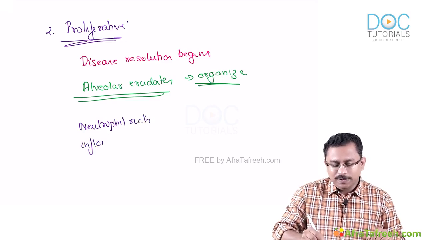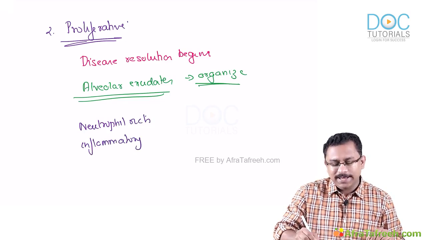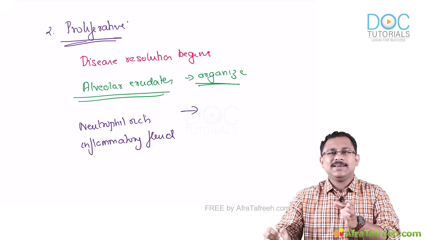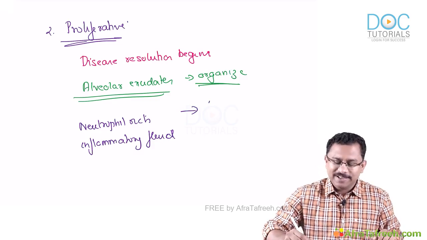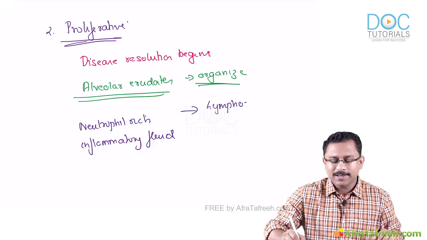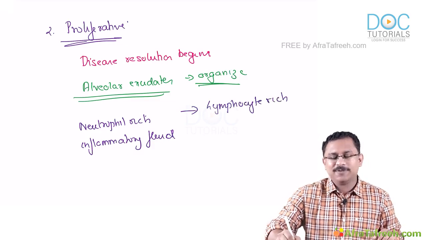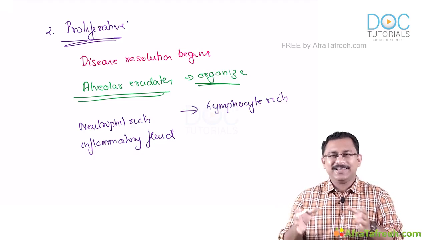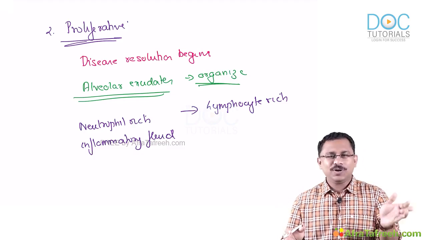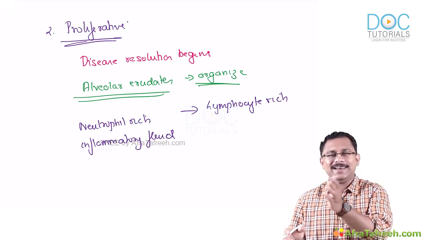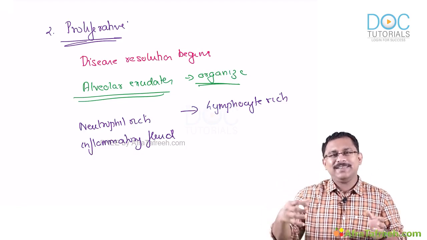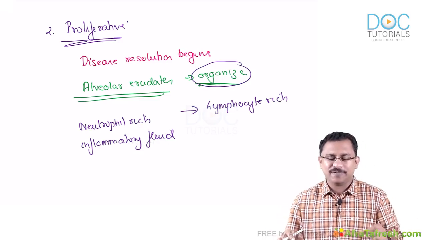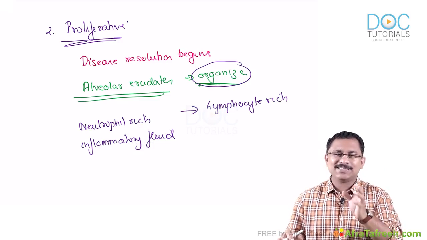Now it transforms to a lymphocyte rich fluid. The disease is still active. There are inflammatory cells, but neutrophils are replaced by the lymphocytes, and then you will have organization of the exudates and some sort of disease resolution that begins, called the proliferative stage.